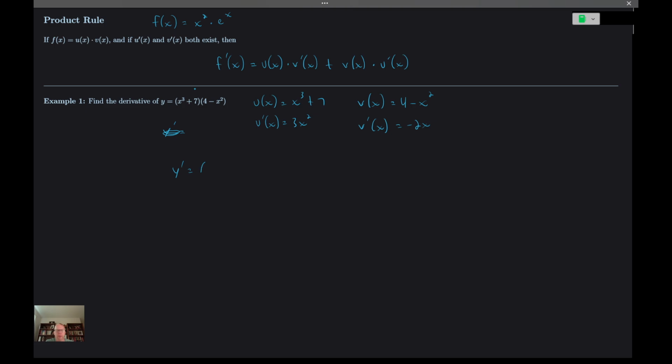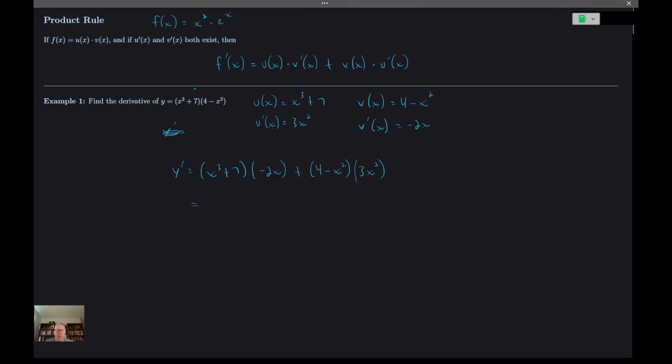So u of x is x cubed plus 7 times v prime, which is negative 2x, plus v of x, which is 4 minus x squared. Be careful with the parentheses. Don't leave the parentheses off here because it's just plus 4 minus x squared and then multiply by something, you'll mess up. Times u prime of x is 3x squared.